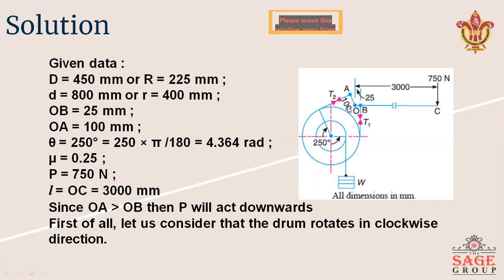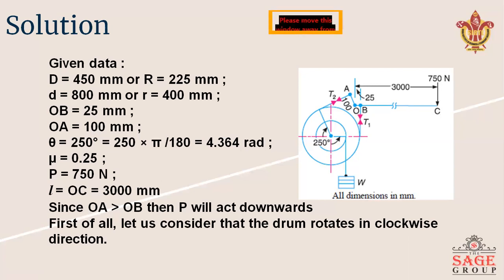Here OA is greater than OB, so P will act downward. If OA is less than OB, then P will act in the upward direction.